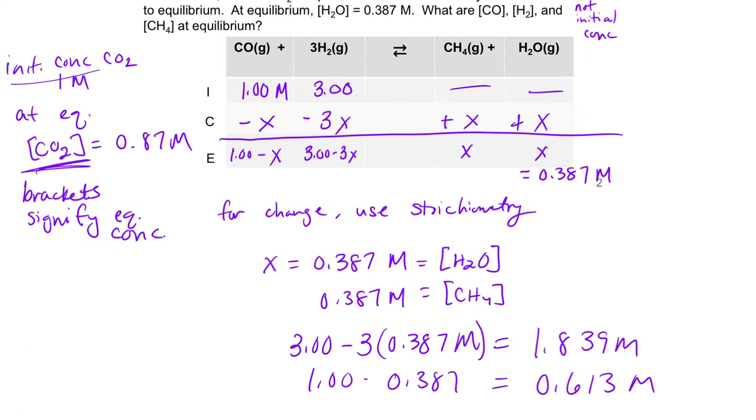You can have mixes of gases and aqueous species and solve everything the same way. Really, the only difference comes in if you have a solid or a liquid, and you just don't include those in any of the equilibrium things.